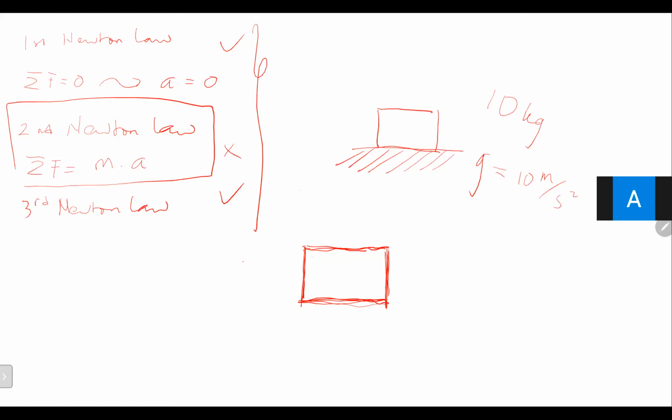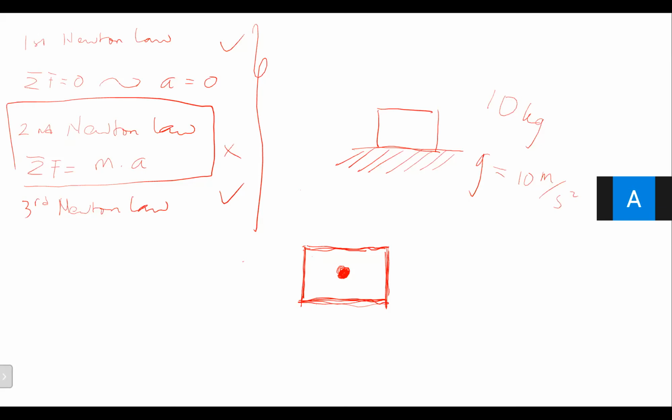If the center of gravity is at the center of the body, then yes, you can put it from the center of the body. We just assume that this is the center of gravity. Then the force is supposed to be like this, from the center of gravity.